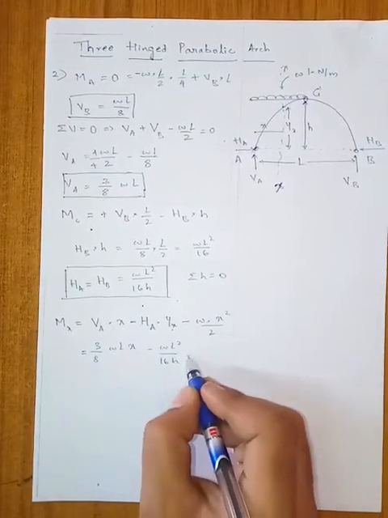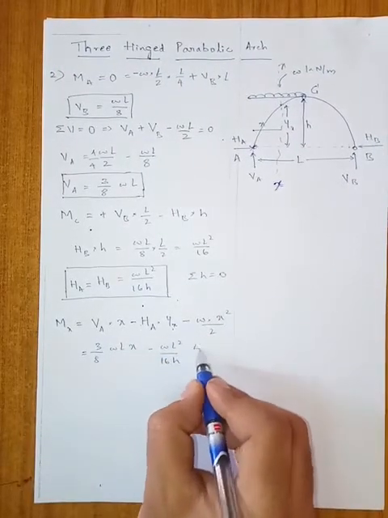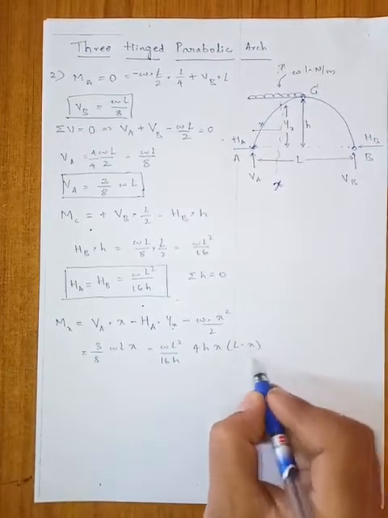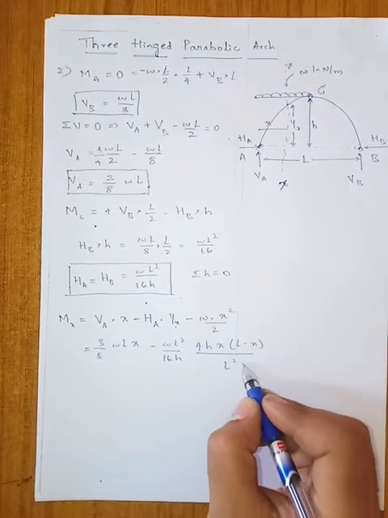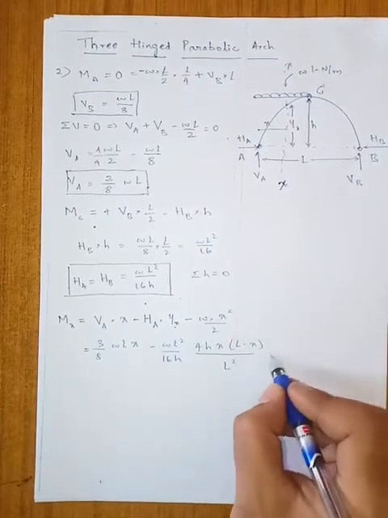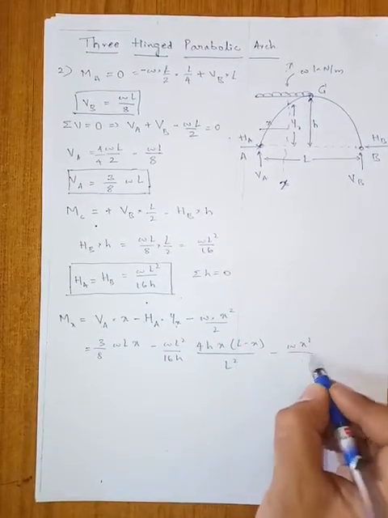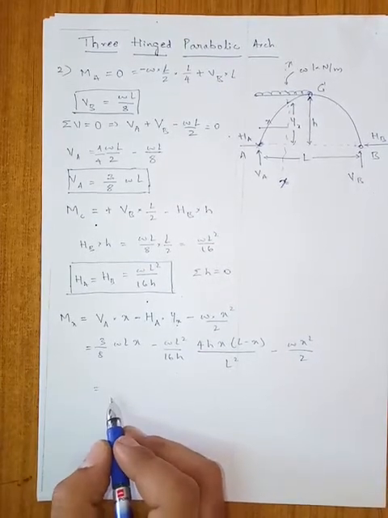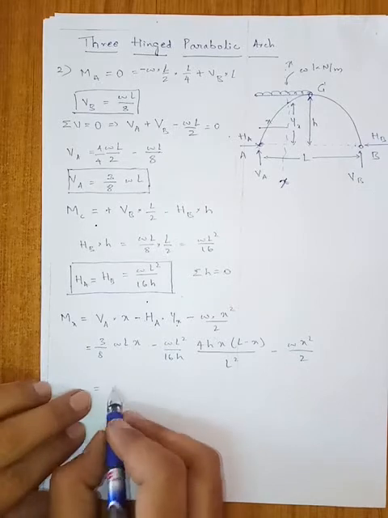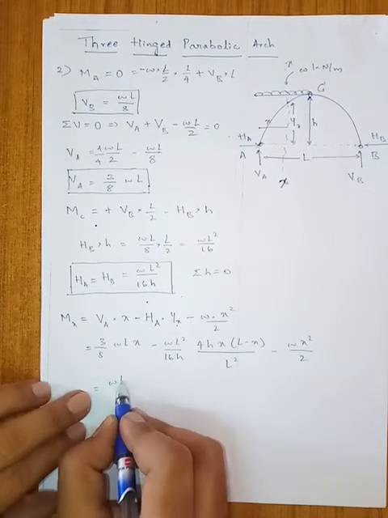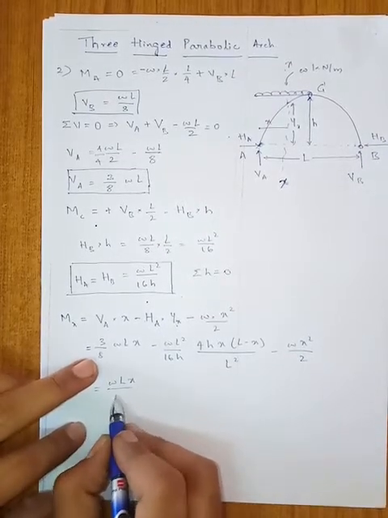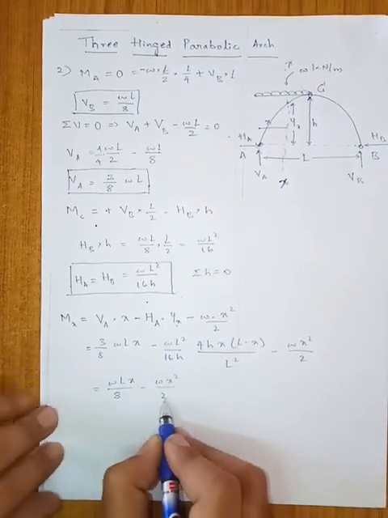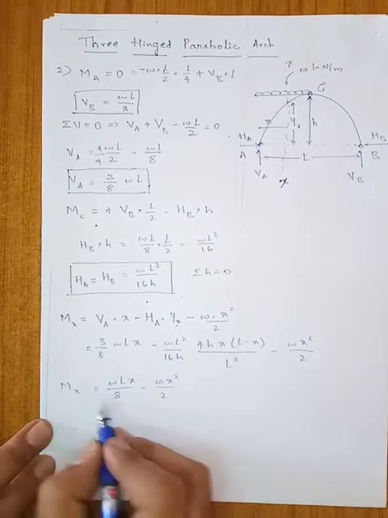As usual we have the formula for the parabola, y of x equals 4Hx into L minus x upon L square, minus Wx square by 2 as it is. Simplify this and you will get M of x equal to WLx upon 8 minus Wx square by 2.